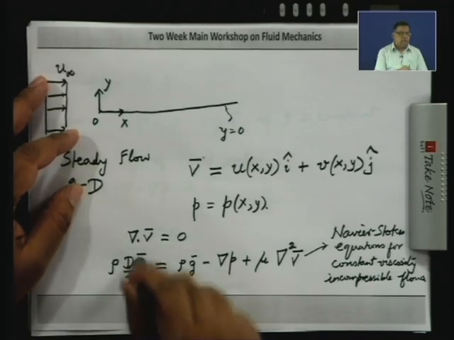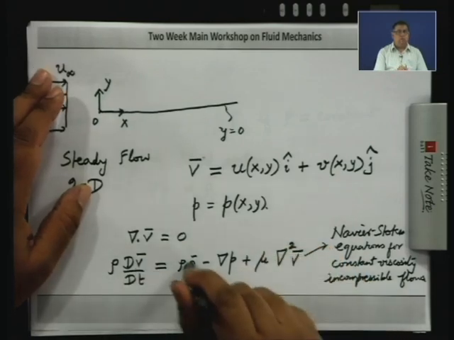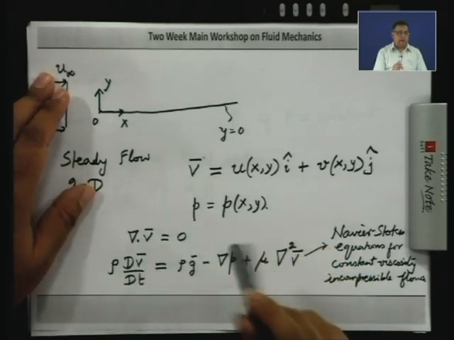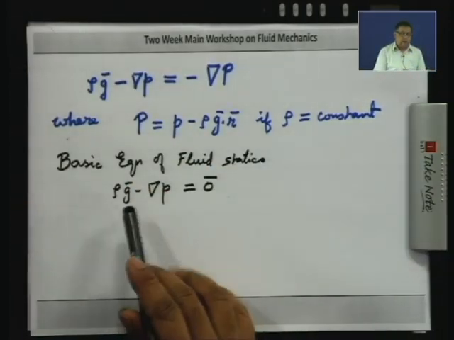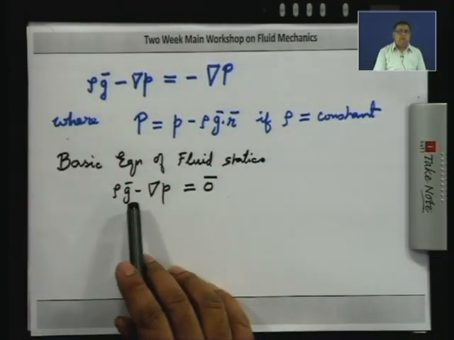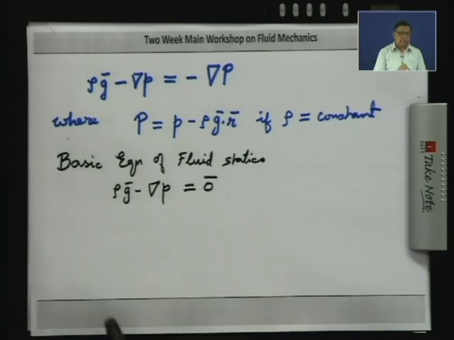In that case, the first term is going to be 0 and the last term is going to be 0, and you are going to have 0 equal to rho g minus grad p. So, this expresses the fact that there is a balance between the body force and the pressure force, the net pressure force on the particle due to the pressure distribution on the surface of the particle.